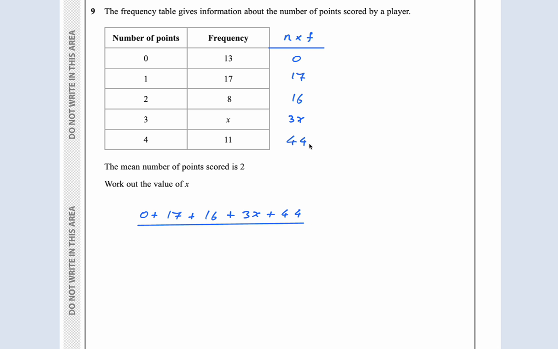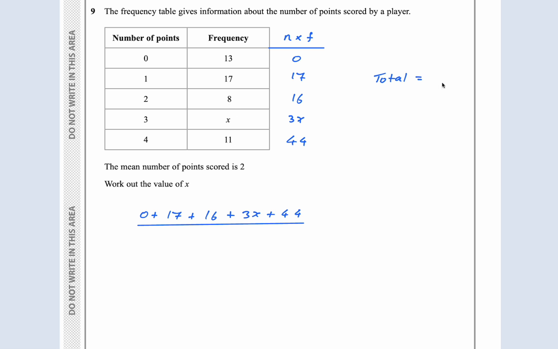Now the total, I'm going to add up all the frequencies. The total is 13 plus 17 is 30, 38, 48, 49.